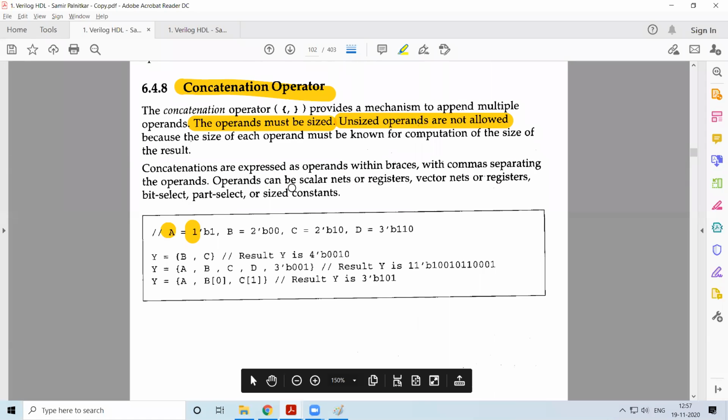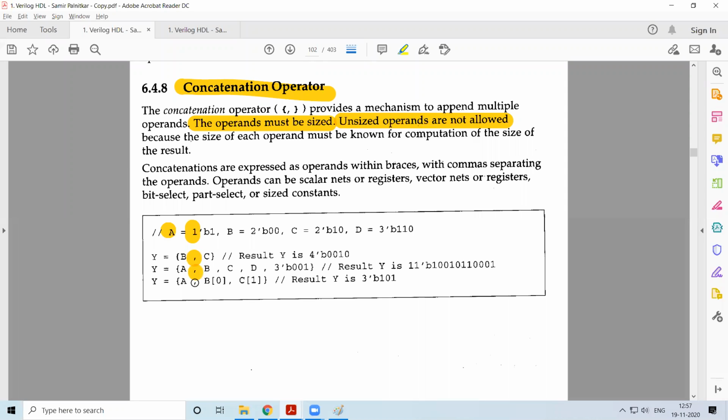Now let us see the syntax related to that. First of all, the operands have to be sized. Next, if you have to concatenate, you will be using the comma separator. And what all operands will you be able to concatenate? You will be able to concatenate a 1-bit value, and more than 1-bit values.